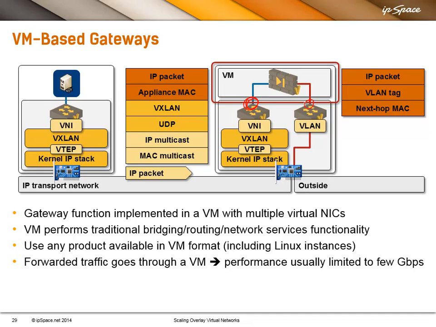The other subnet might be VLAN based. Problem solved. Do keep in mind that if you send the traffic through a VM, you usually won't get stellar performance. In most cases, if the vendor didn't do a good job, you would get 1, 2, maybe 3 gigabits per VM. If the vendor did a good job, you will get up to 10 gigabits per VM.